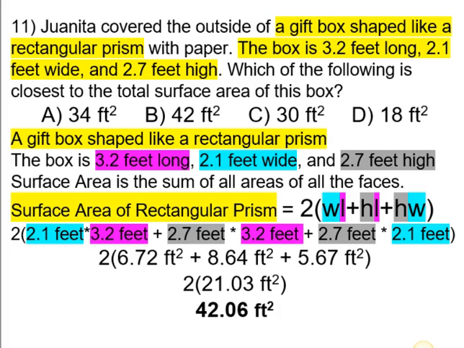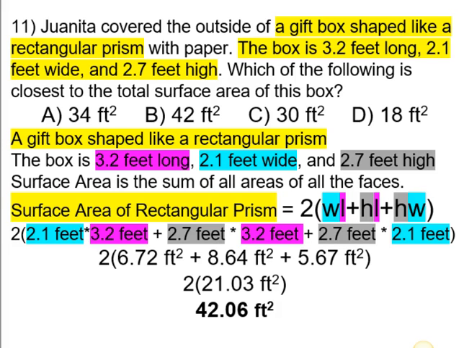And again, substitute in the values for the variables. Our formula would be 2 times 2.1 feet times 3.2 feet plus 2.7 feet times 3.2 feet plus 2.7 feet times 2.1 feet.